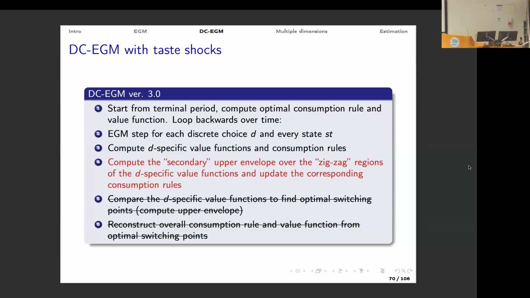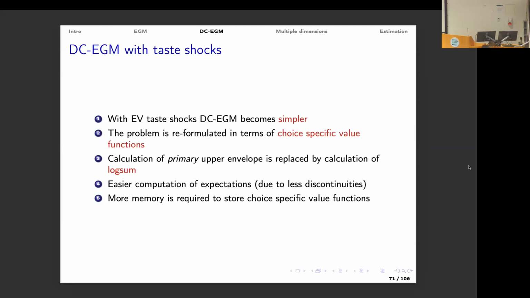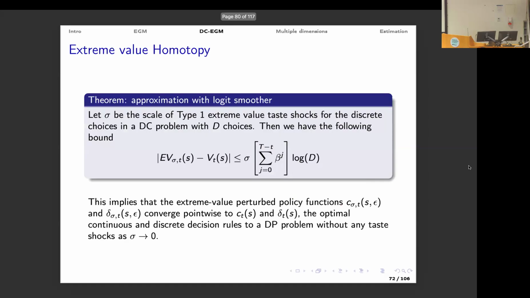By plugging these choice-specific values into our probability formula. So that's what happened, essentially. Now, it's easier to compute expectations because numerical methods just work better with continuous or smooth objects. But of course, more memory is required because of the need to store choice-specific values.